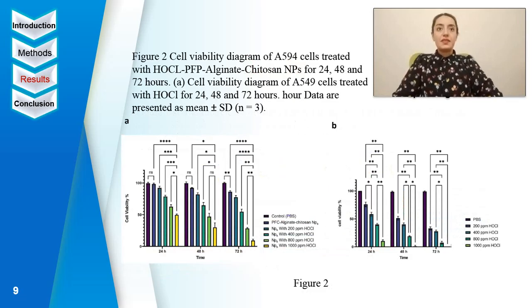Figure 2: cell viability diagram of A549 cells treated with HOCl PFP alginate chitosan NPs for 24, 48, and 72 hours, and cell viability diagram of A549 cells treated with HOCl for 24, 48, and 72 hours. Data are presented as mean plus minus SD, n equals 3.